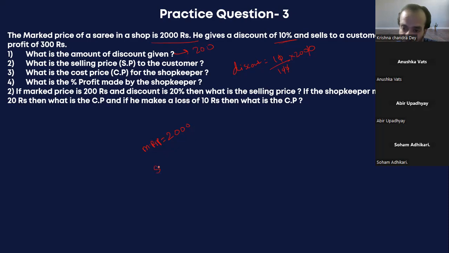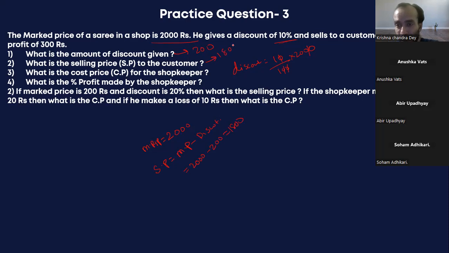We know selling price is marked price minus discount, that is 2000 minus 200, which is 1800 rupees. So 1800 rupees is the selling price.